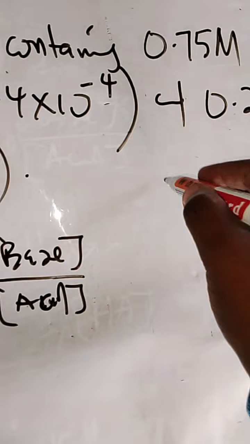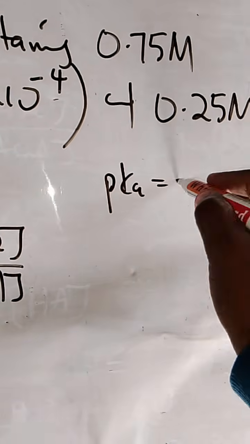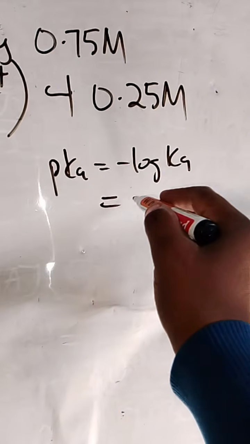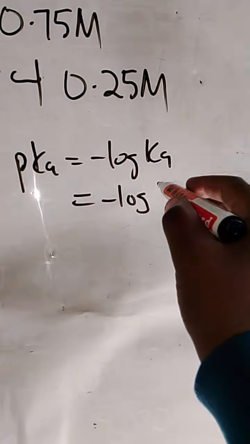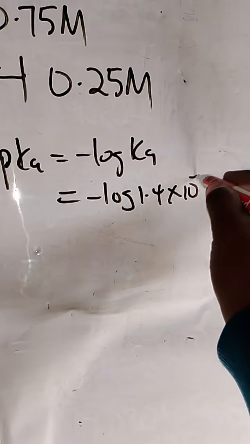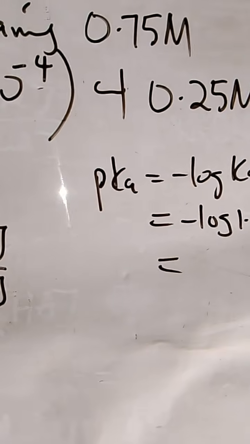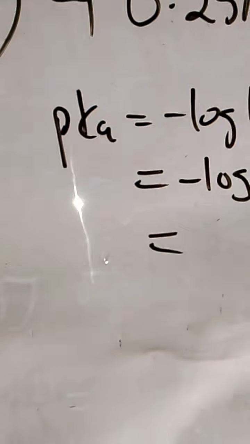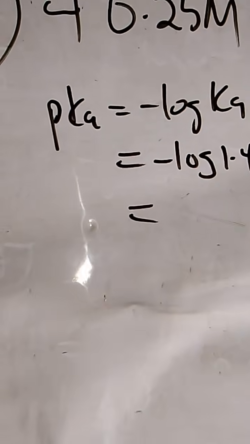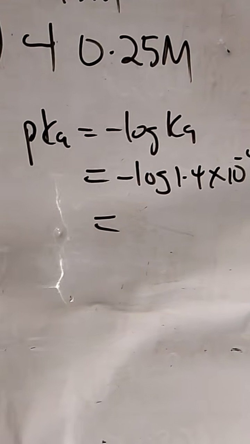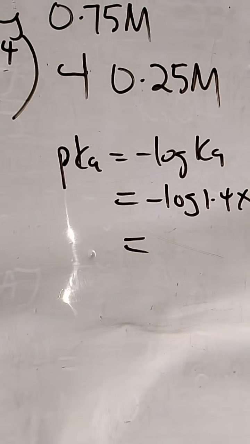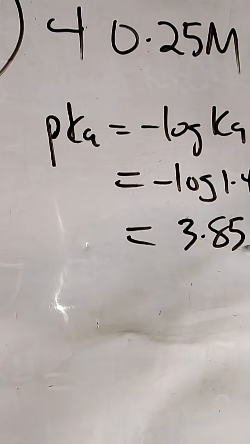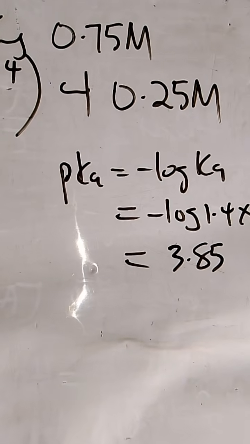pKa means negative log Ka. So we do negative log of 1.4 times 10 to the power -4, and that gives 3.85.